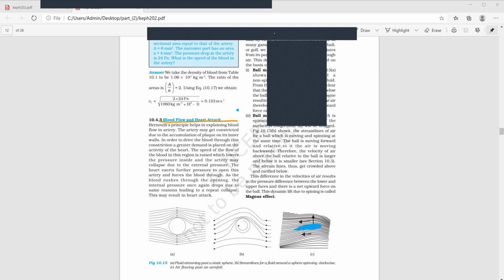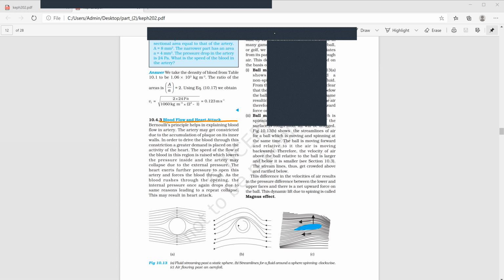So according to Bernoulli's principle, pressure inside the artery becomes low and it may collapse due to external pressure. So the heart exerts further pressure to force the blood through that artery. As a result, the blood rushes through the opening and internal pressure once again drops due to the same reason. This leads to repeated collapse of the artery. So this may result in heart attack.